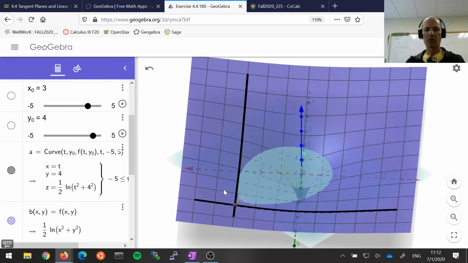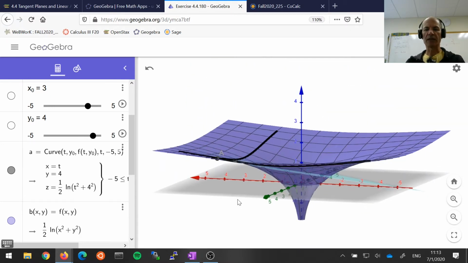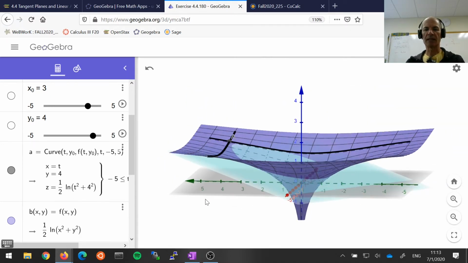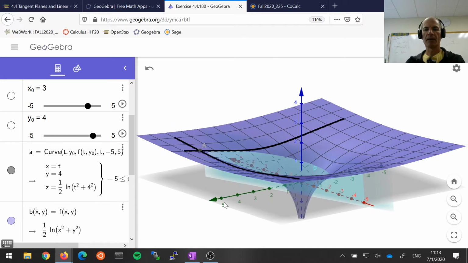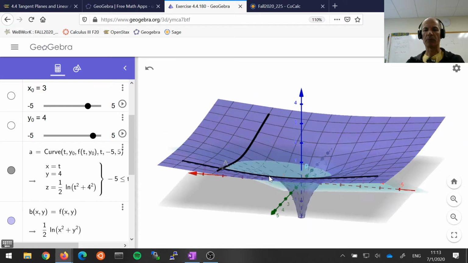And when we take those two tangent vectors, one pointing in this direction, one pointing in this direction, we compute the cross product. What we get is the normal vector to this light blue tangent plane at the point A. And combine that with the fact that this plane has to pass through the point A, we get a really quick way of calculating the tangent plane at the point A.